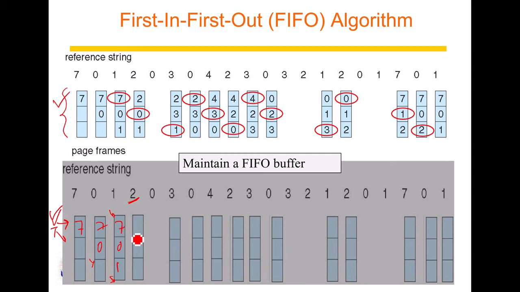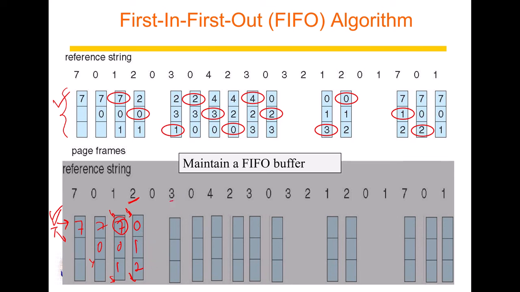So now I will shift this. The top one will be removed, so 0 will be here, 1 will be here. Now that slot became available, so I can put 2 here. Again, the head is pointing here and the tail is pointing here. Now when the 0 comes in, we know that 0 is already in the queue, so we don't need to make any changes.